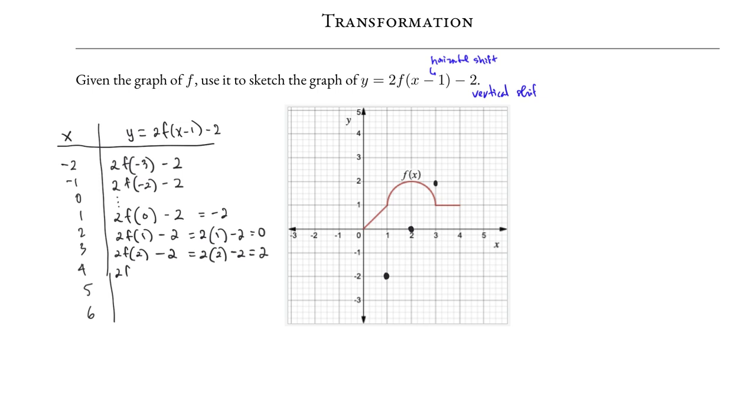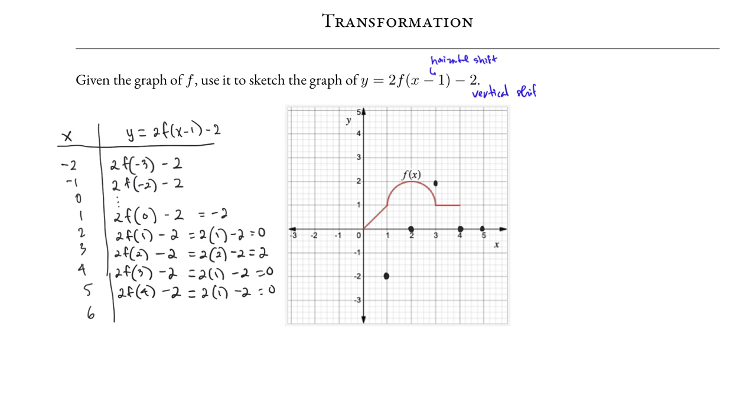When we plug in 4, 4 minus 1 is 3, and f of 3 is 1, and so we have 0. The new point is now 4 comma 0. When we plug in 5, 5 minus 1 is 4, and so 2 times f of 4, originally f of 4 is 1, and so we will still end up with 0.